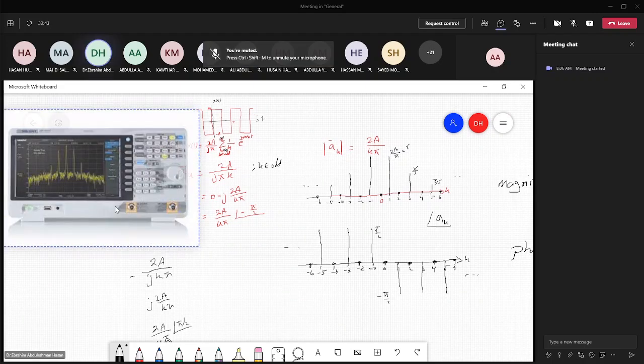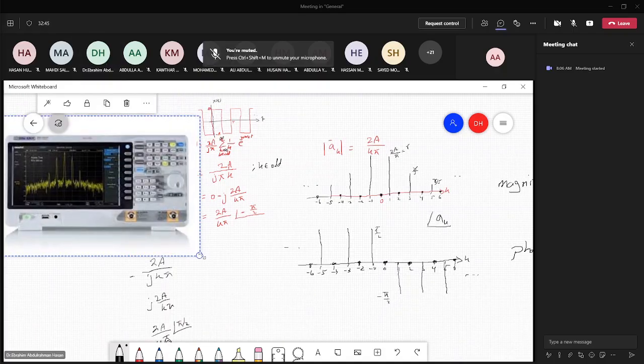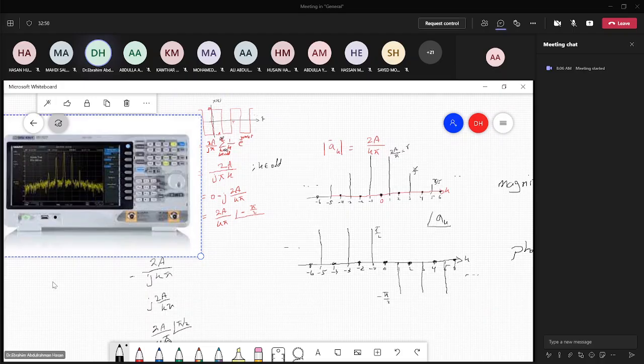Okay, this is the spectrum analyzer. The spectrum analyzer, the one that we have in the lab, is only a magnitude spectrum analyzer, and it draws only starting from zero for the positive side. So the negative side, as we said, is exactly the same. So it only draws from k equal to 0 to k equal to infinity.